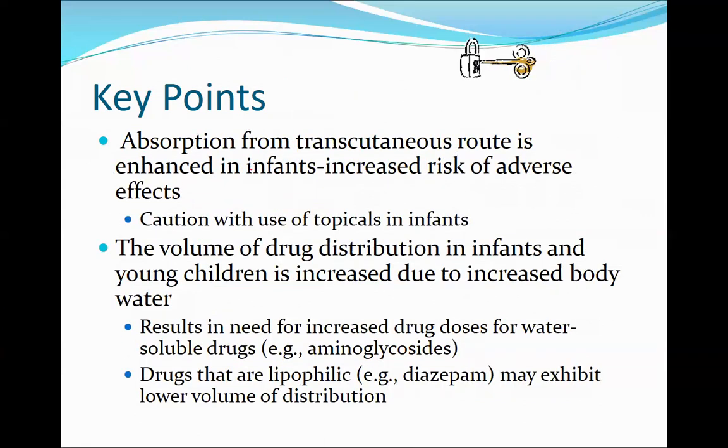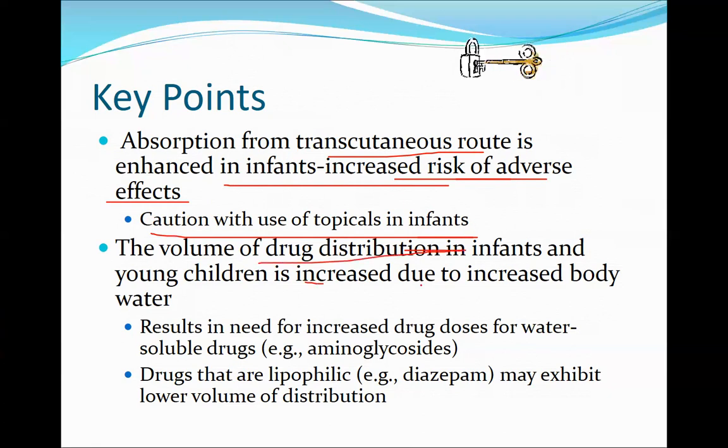If you look at absorption through the transcutaneous route in infants, there is always an increased risk of adverse effects, so it is always advisable to be cautious with topical use in infants. The volume of drug distribution in infants and young children is increased due to increased body water.